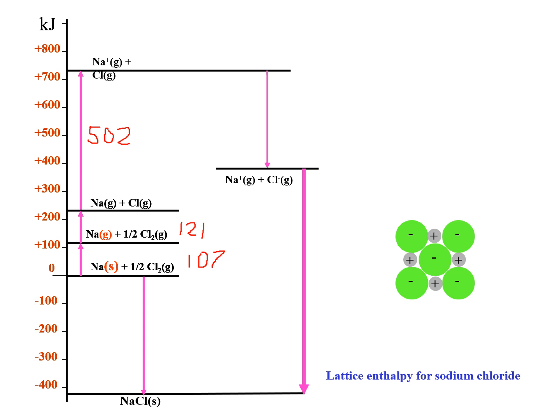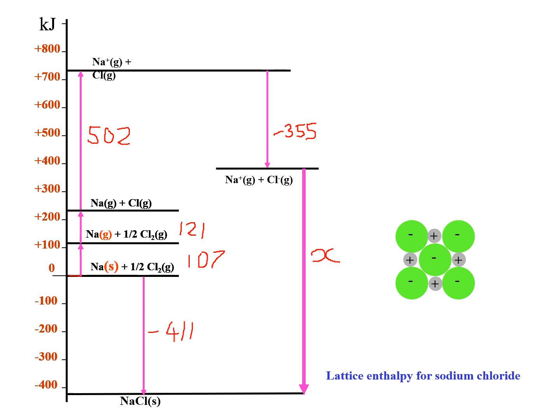The next arrow was the first electron affinity of the chlorine, which was minus 355. Now normally the aim of a Born-Haber cycle is to work out the lattice enthalpy, so let's just call this X, and that's what we're going to try and find out. And then lastly, the enthalpy of formation is minus 411.